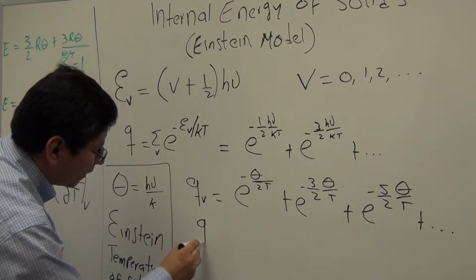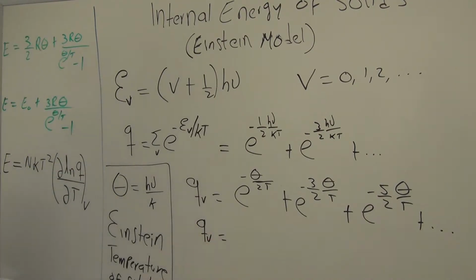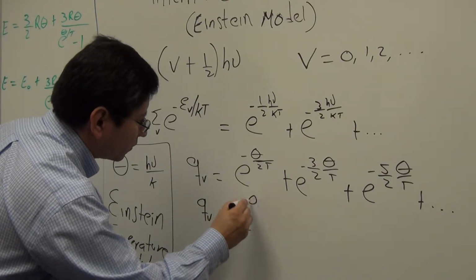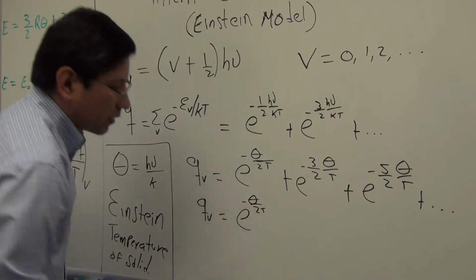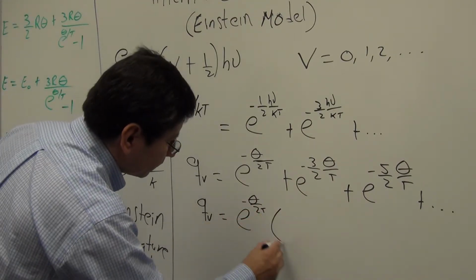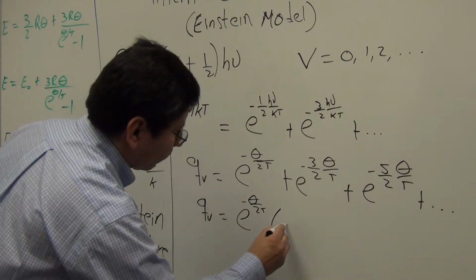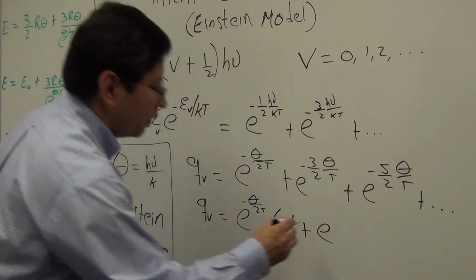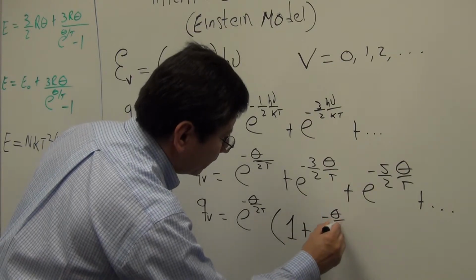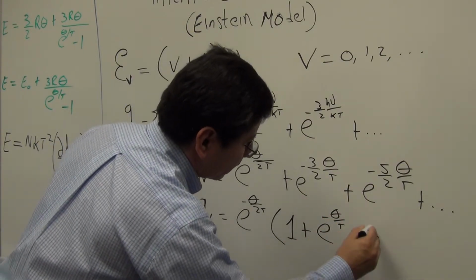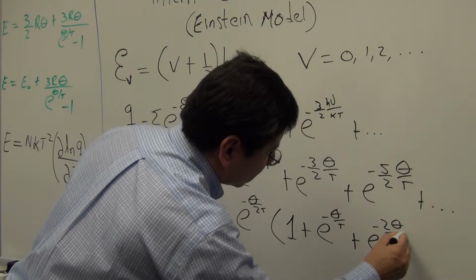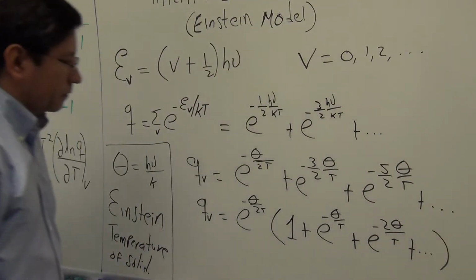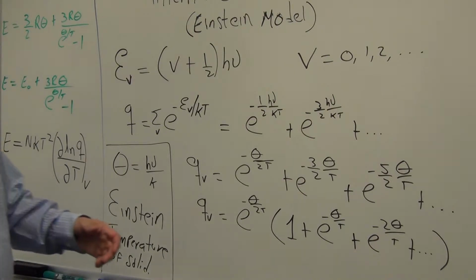This can be simplified by taking e to the minus theta over 2T as a common factor of the rest. So this is going to be 1 plus e to the minus theta over T plus e to the minus 2 theta over T plus so on.